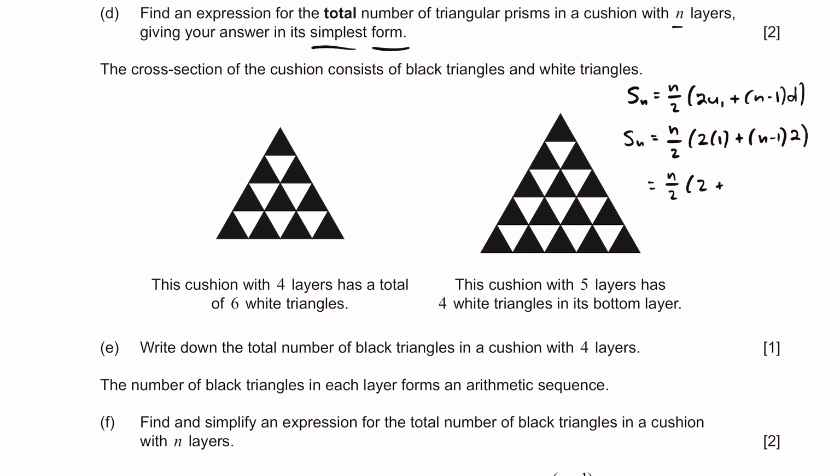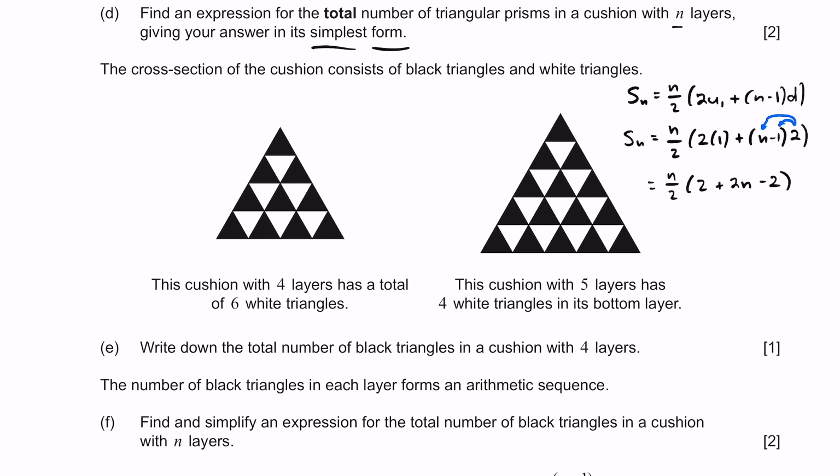Plus, and now we have n minus 1 times 2, so we're going to need to expand. 2 times n is just 2n. 2 times negative 1, this last part here, is going to be negative 2.